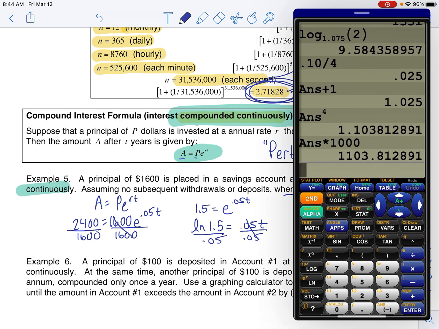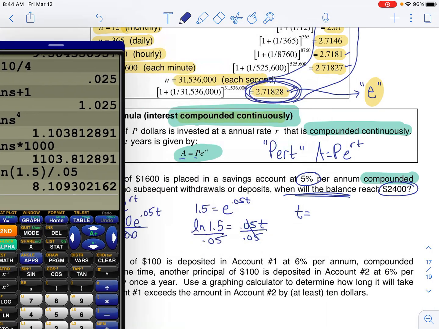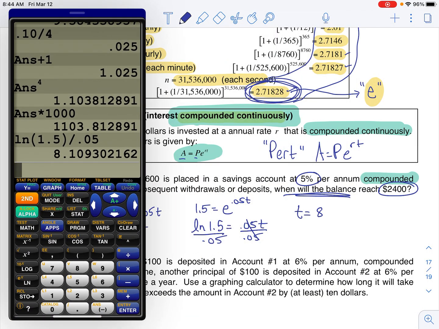And there's when I need my calculator. Natural log of 1.5 divided by 0.05. So 8.1.